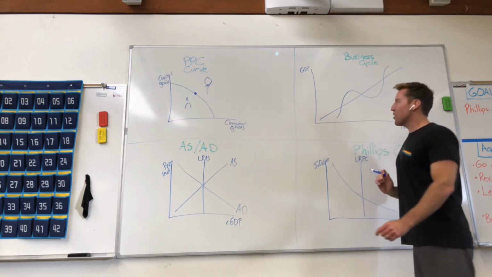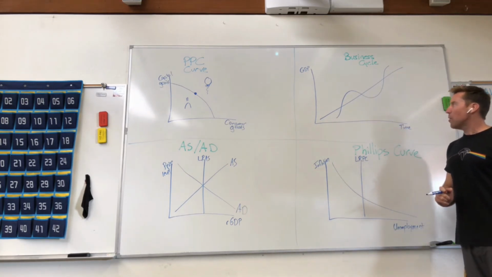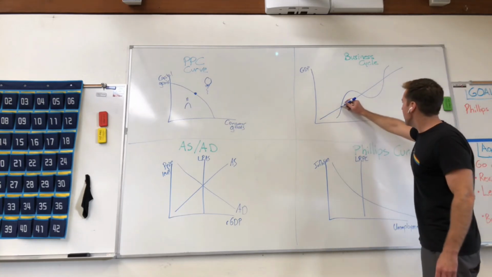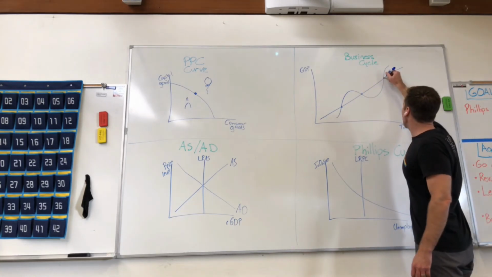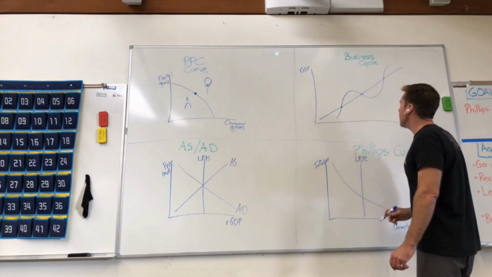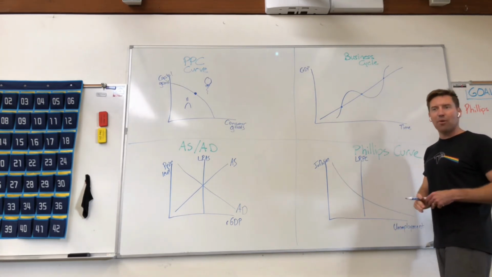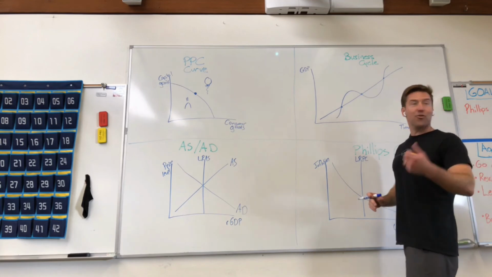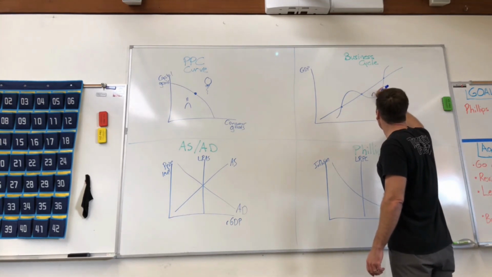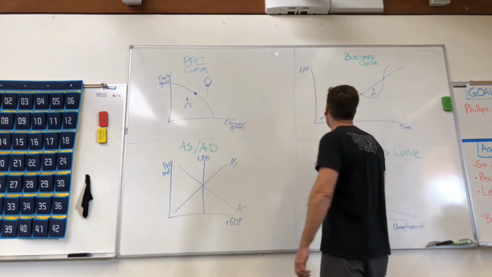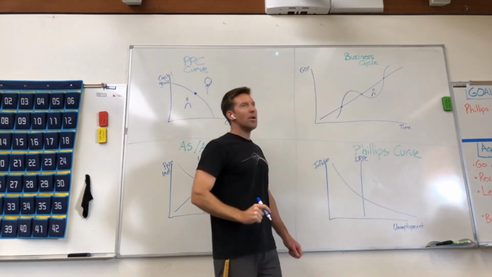On my business cycle graph, if I am at full employment, where am I at? On the trend line. I'm existing right over here. If I'm having a recession, or if I'm in a recessionary gap, where am I? In the trough. If I'm experiencing inflation, where am I?